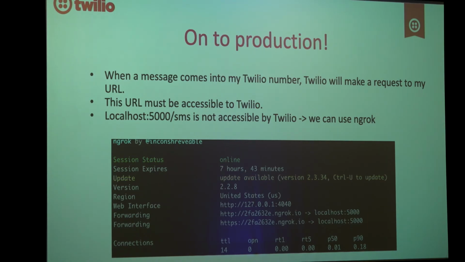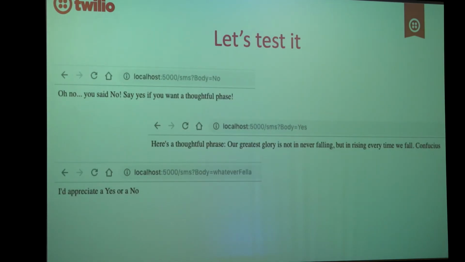So there's one more step that we need for the app, which is that this is running in your local environment. This is what Flask is providing. But then if you want Twilio to be able to access your app, or if you want to just use this as a web app, then you need to make this available on the public internet so that Twilio can request it or anyone else can request it.